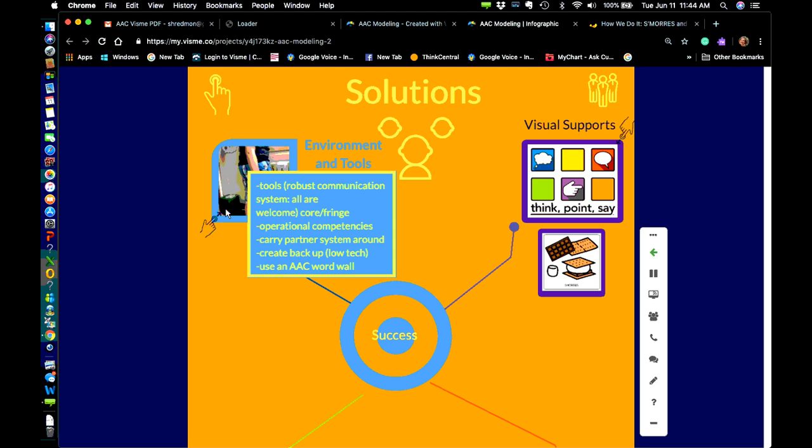So carry partner systems around, making sure you create a backup we talked about, and something that I'm really passionate about, and I know there's a lot of different opinions out there, but using an AAC word wall. When you show a core board to a kindergarten teacher that has never been exposed to AAC, the first thing they're going to say is that those words are sight words. And they are.